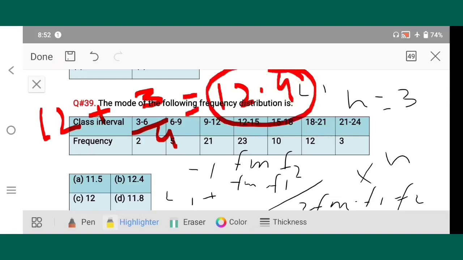So our correct option is 12.4. Maybe there will be some mistakes in the calculation, but the whole process, the whole idea is this one.